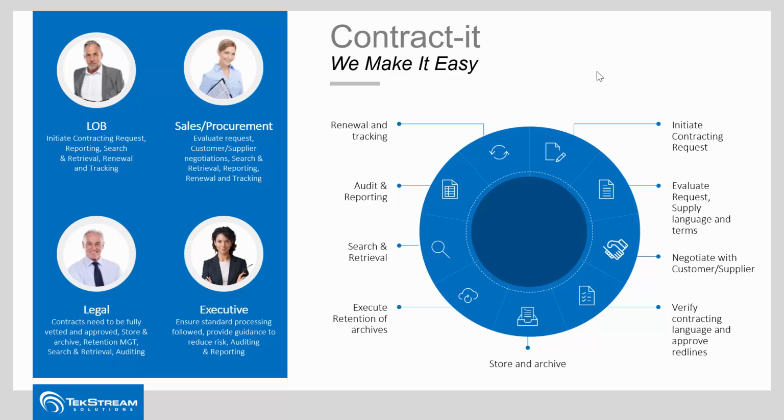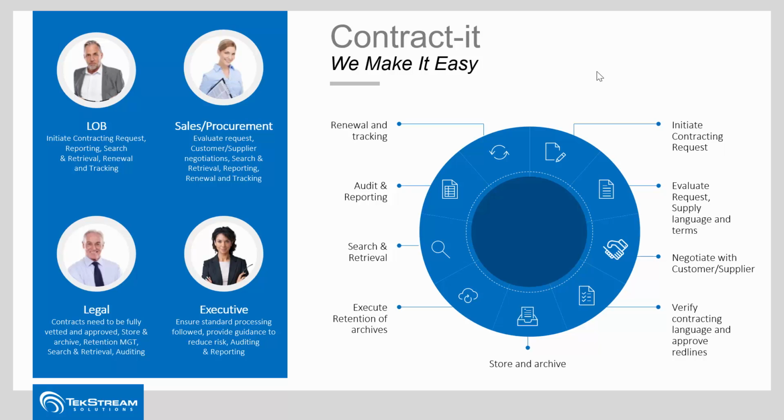Quite often you're going to get into negotiation, whether it's internal or it's external with customers or suppliers or other entities. How do you negotiate? How do you share information so that multiple parties can be looking at it and working on it and track changes as they occur? And then also finally verify that contracting language and be able to approve all the red lines so that you can get to a final contract for execution.